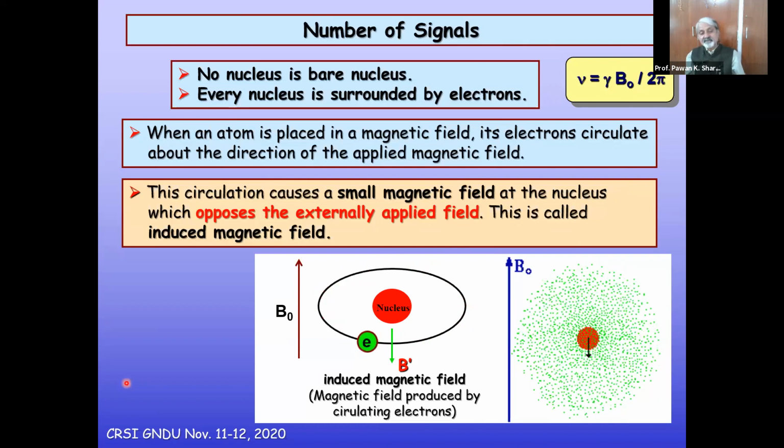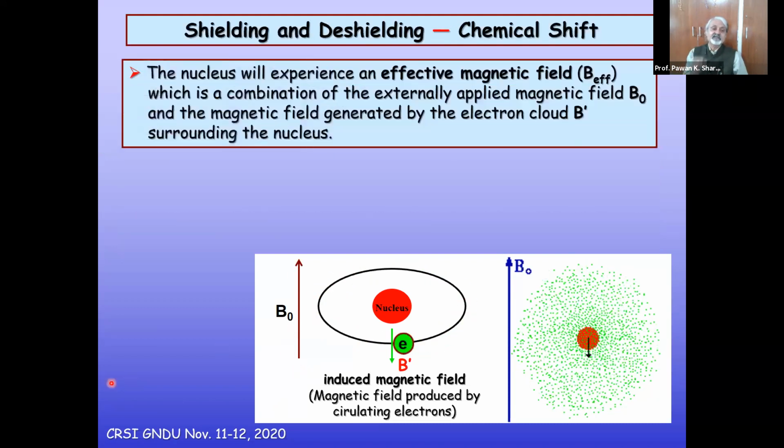So what would be the impact of this induced magnetic field? Although my applied magnetic field is B0, what would be the effective magnetic field felt by my nucleus? The effective magnetic field felt by my nucleus would be a combination of the externally applied magnetic field B0 and the induced magnetic field. I'm deliberately using the word combination.